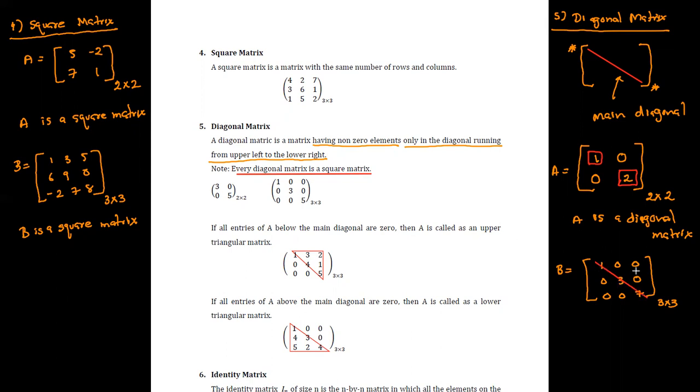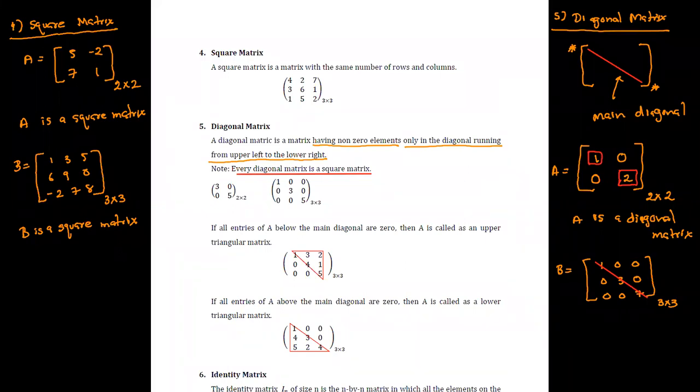You can see that all the off diagonal elements are zeros. Therefore, we can say that this is a diagonal matrix, because all the off diagonal elements, or the elements which are not on the main diagonal, are zero. Then we can say such a matrix is a diagonal matrix.